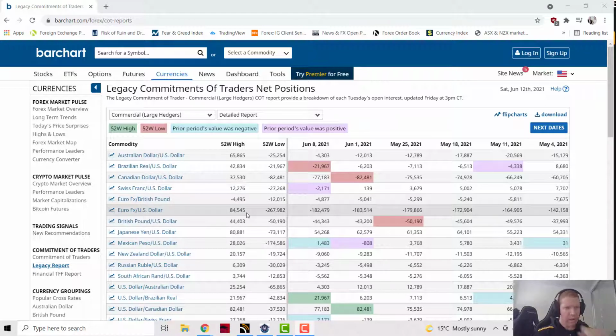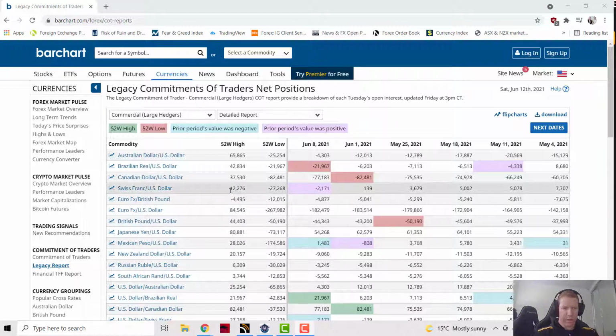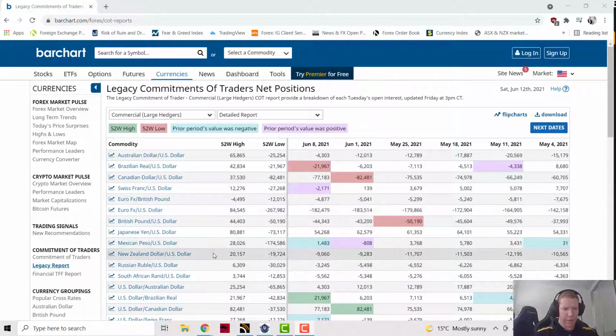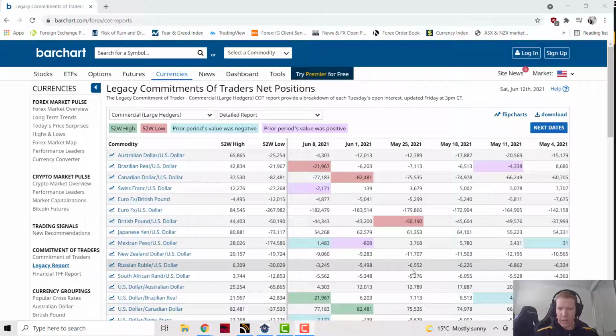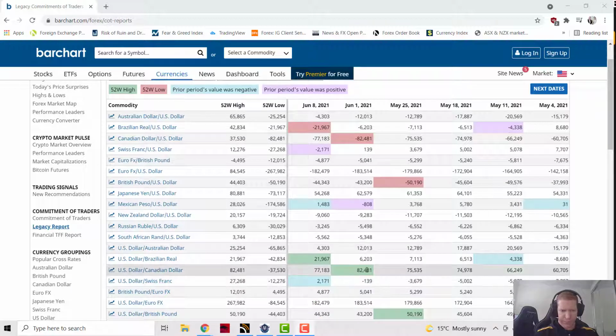So we've got legacy commitments of traders, net position. So this is quite interesting. We've got USDCAD. So as you can see, if I go up, 52-week high, 52-week low.